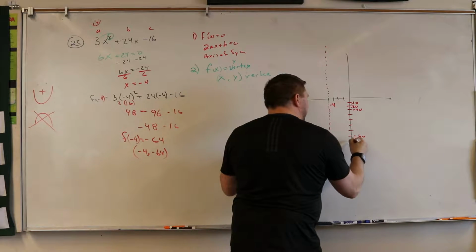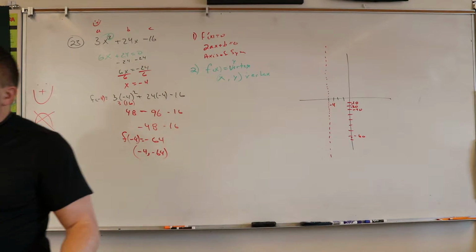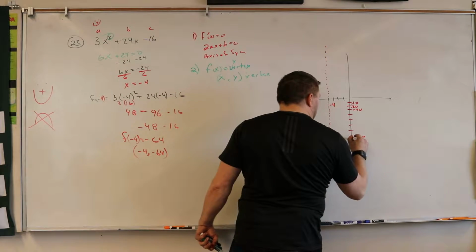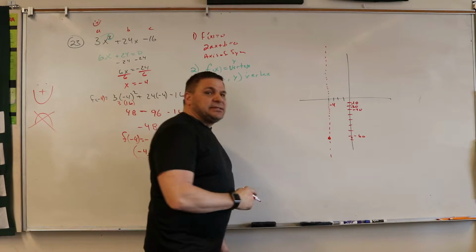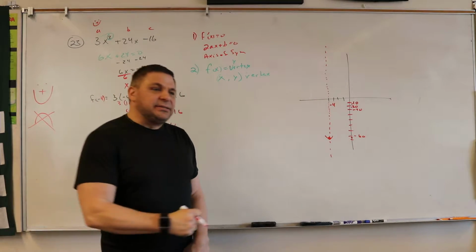Then 64 would be a little less than halfway to 70. So that would be our vertex, and our vertex is smiling, so I know it's going to look like that.